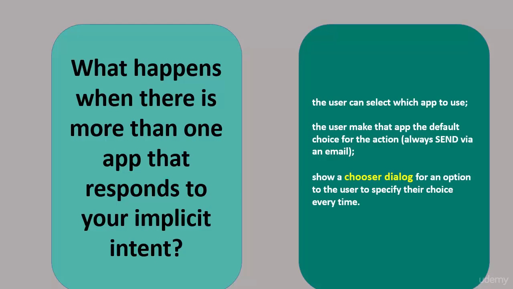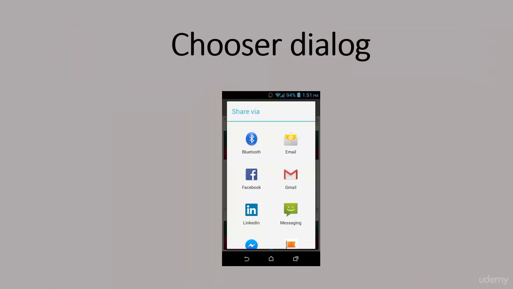The other option is to show a chooser dialog to let the user specify their choice every time. And here is how a chooser dialog looks. You have for sure seen it already. For example, you have an application and there is an option to share some piece of information from within the app. So how can this be done? Via any of these applications available within the telephone.